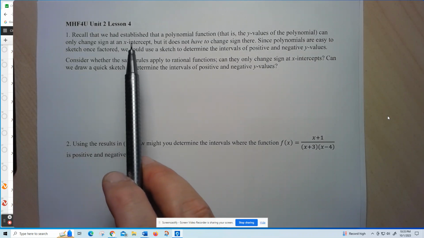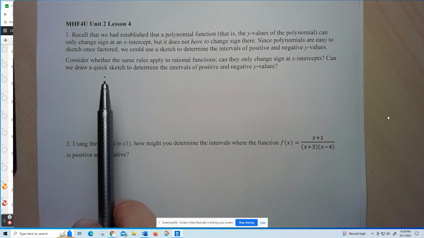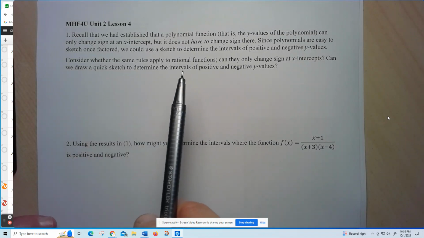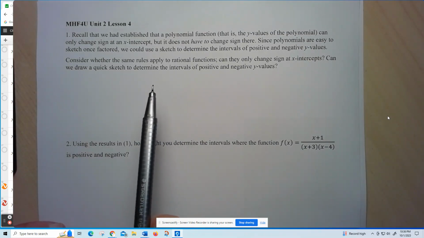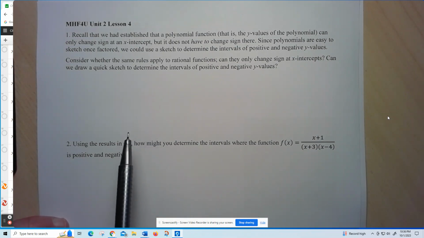This is where it might change sign. What I want you to consider is, if we move away from those very nice polynomial functions, are there other places where a function can change sign? So that's the other thing that I want you to think about. Okay, so we'll give you 5, 6, or so minutes to work on that.